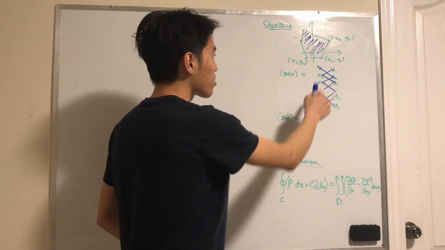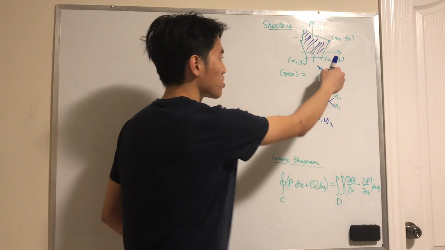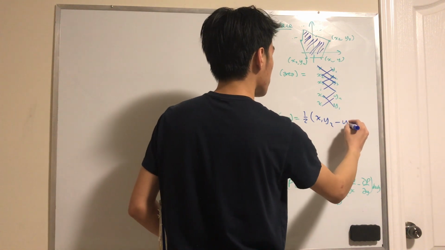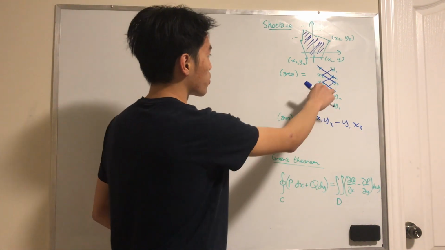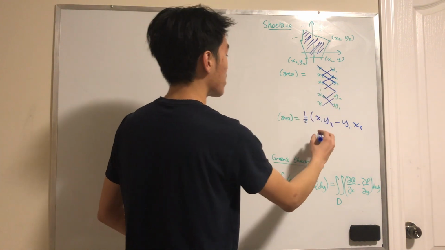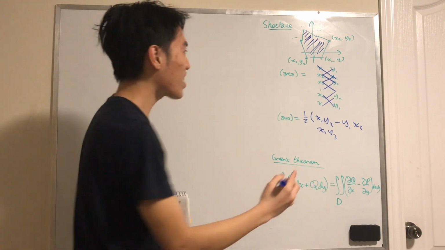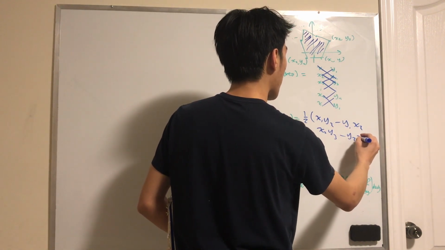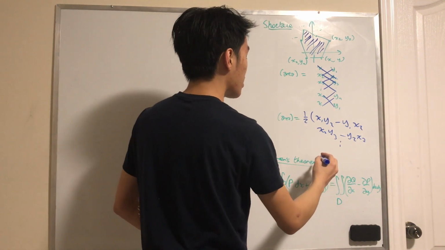So in the end, you're going to have x1 y2, and then you're going to subtract the reverse one, y1 x2, and you're going to do the same thing with the next bit. So x2 y3, and then the reverse one, you subtract that product, minus y2 x3, and you keep going on like that again and again until the very end.